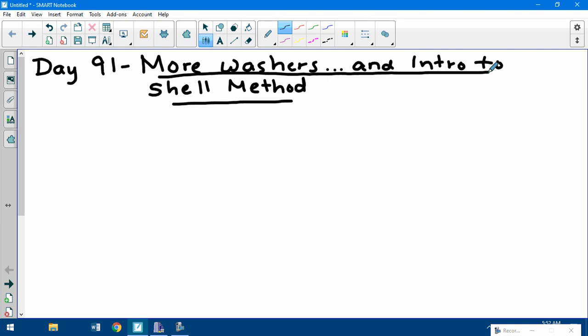All right. So from last class to start out with, near the end of class, I was giving you lots of different axes to rotate this one region around. So let's start with a couple more of those.